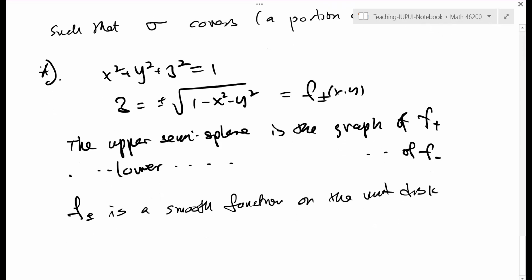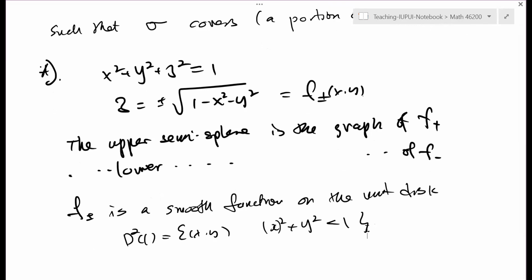This unit disk is x squared plus y squared less than 1. It's not equal to 1, because at equal to 1 you have a single point here. So we only consider the open disk.